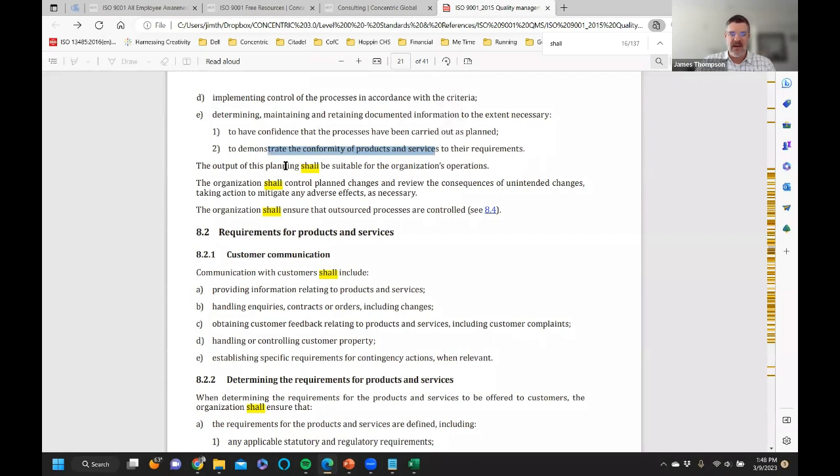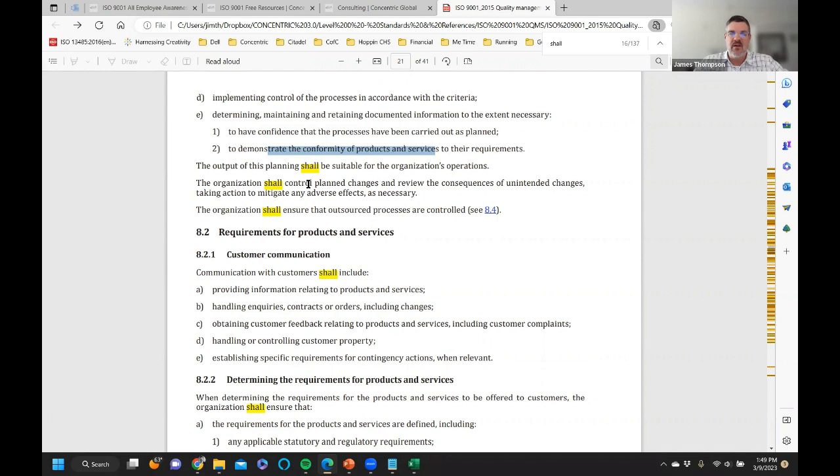The output of planning shall be suitable for the organization's operations, meaning if I'm going to create instructions or a checklist for operational processes like production, or if I'm creating a checklist for a valet at a hotel, it needs to be in a suitable language, needs to be understood, needs to be accessible, etc., for those folks that need the output of that planning, which again would be instructions or checklists or whatever.